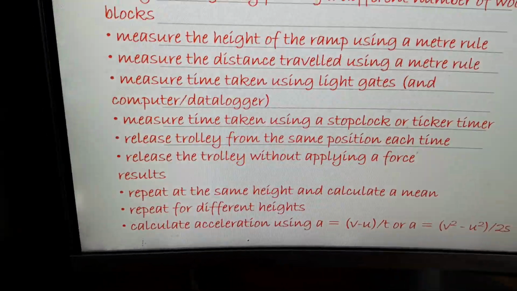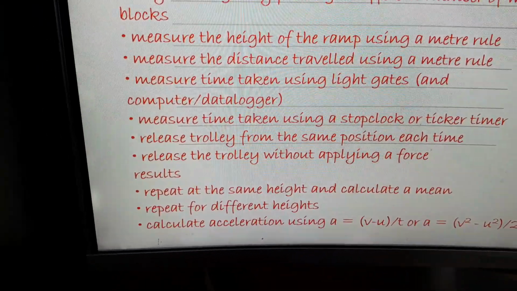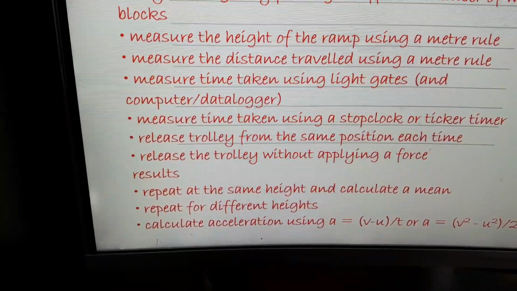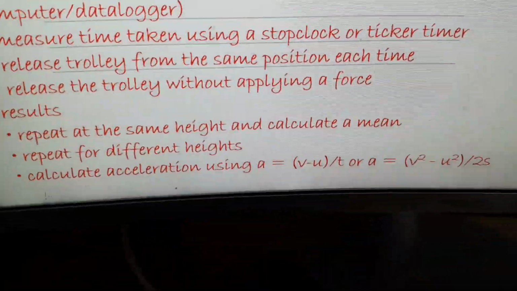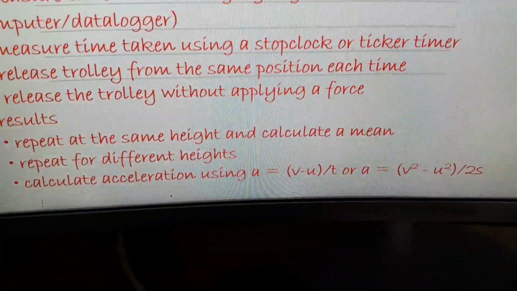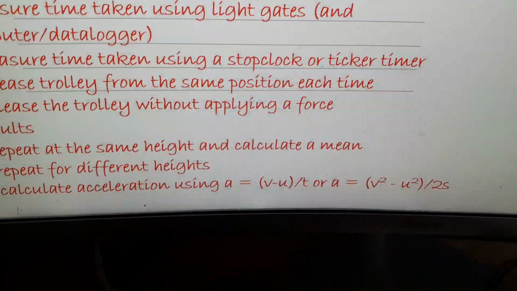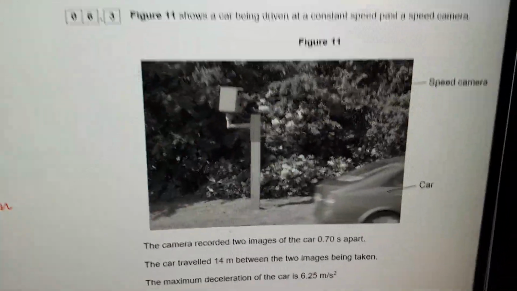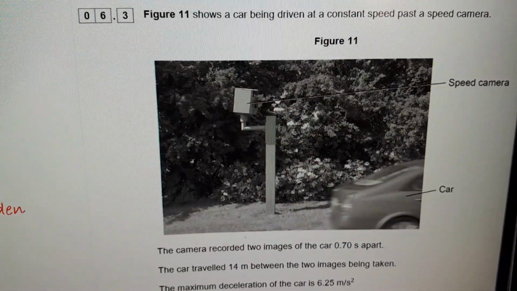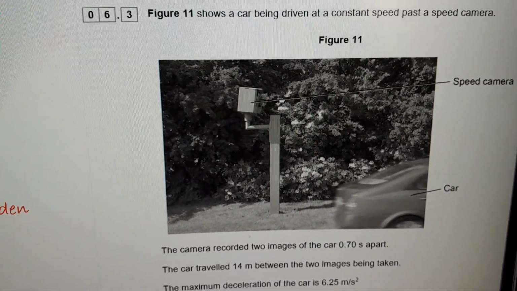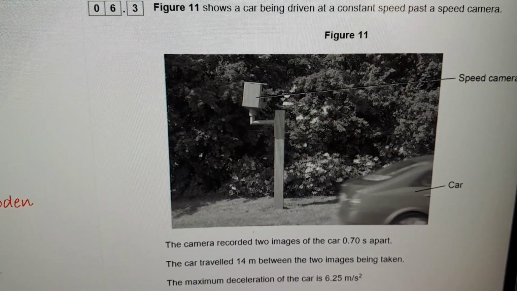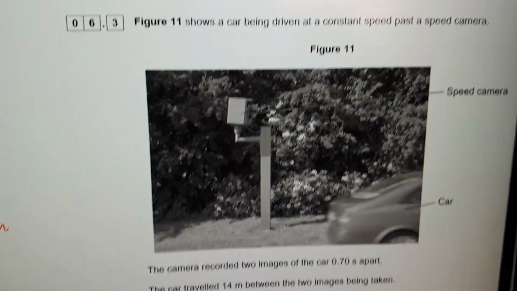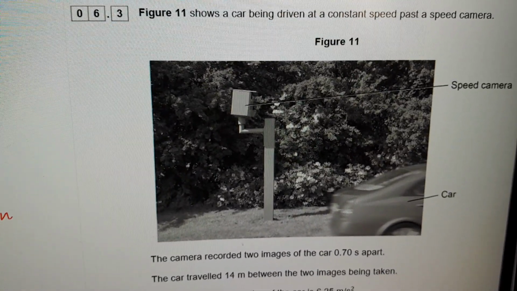Okay. Let's have a go at another sort of accelerate-y question. So we're going to use this sum because I know that everyone hates this sum. And let's try 6.3. So here we go. We've got a car being driven at a constant speed past a speed camera. Oh, thank goodness. Constant speed. I don't have to think about acceleration.